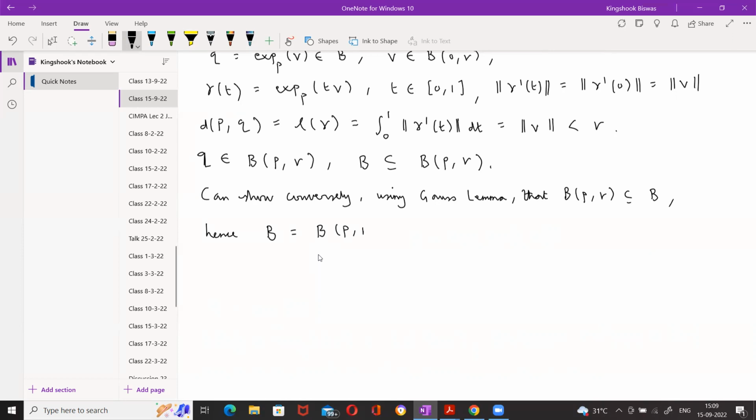Is this okay? Yes. So geodesic balls are also metric balls of the same radius.